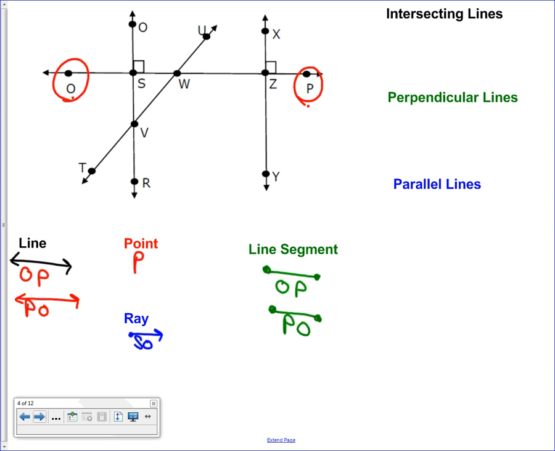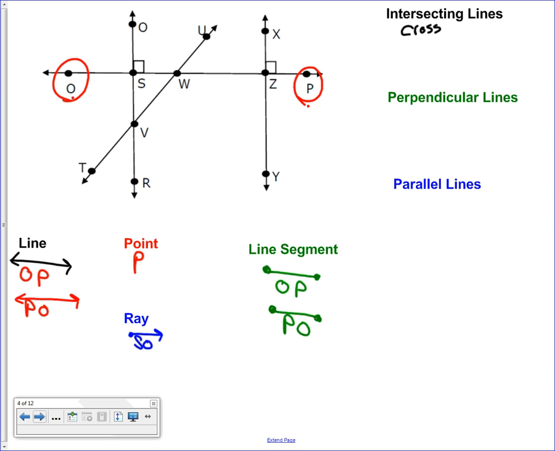Now it comes to our 3 types of lines: intersecting, perpendicular, and parallel. An intersecting line is just that. It's 2 lines that intersect. When you think of intersect, I want you to think of the word crossing. They cross or touch at 1 point. Those are intersecting lines. They cross or touch at 1 point.